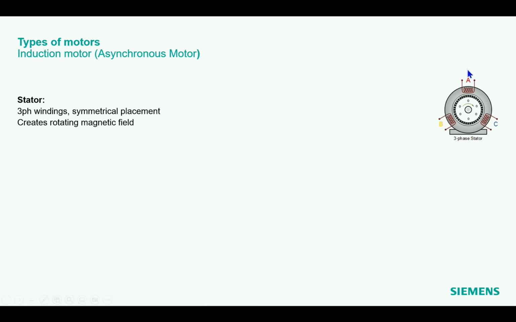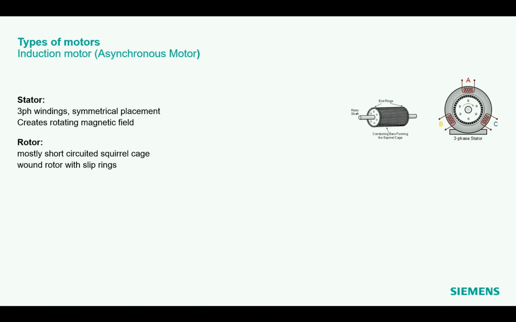Each of these windings creates a dynamic field, so a sine curve, an alternating field, and the combination of all three fields gives me a rotating magnetic field here with a constant amplitude, but this is rotating with the frequency of the grid, so the connected voltages here.